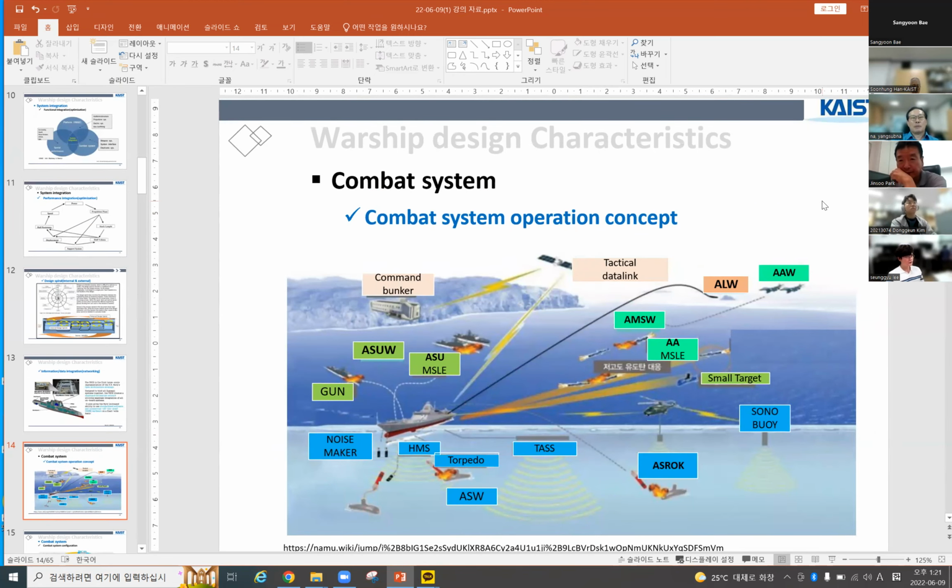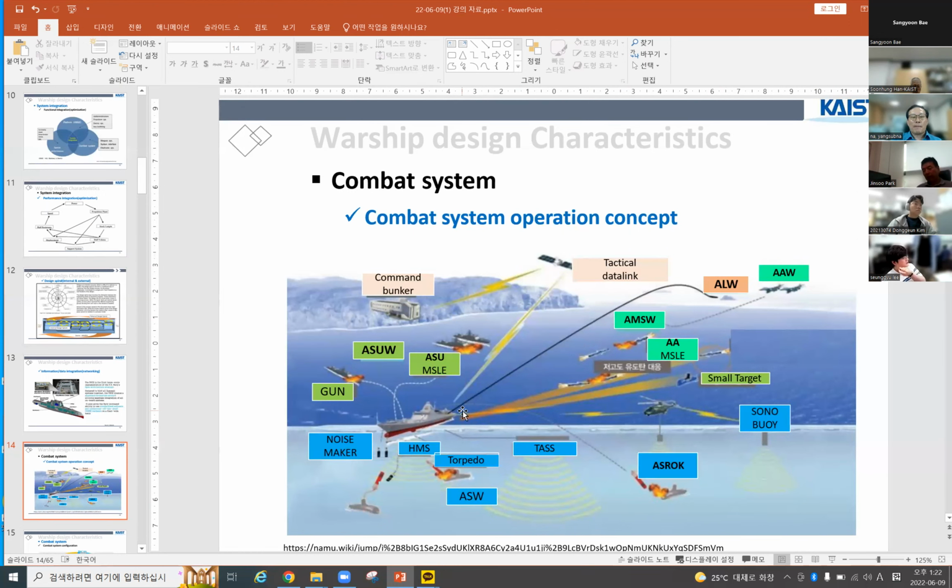And the combat system is very, very difficult and very complicated. As I said before, this is some destroyer. There are many warfare areas. First, anti-air warfare. This ship carries out the warfare with anti-air aircraft, missiles, drones like that, and underwater warfare and surface warfare.